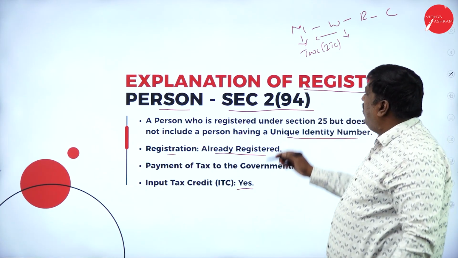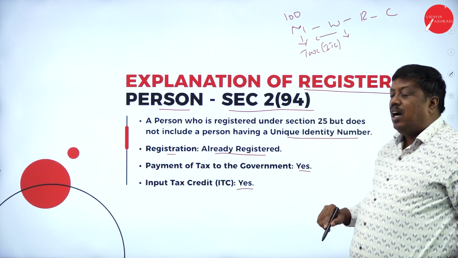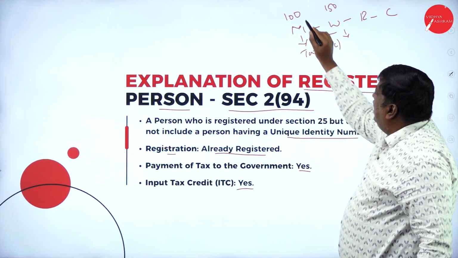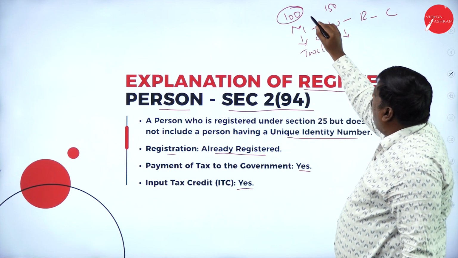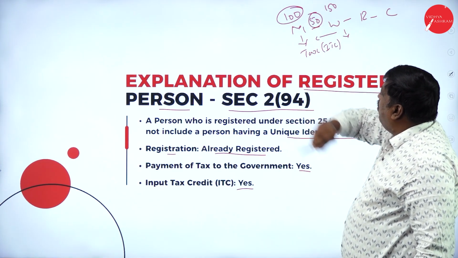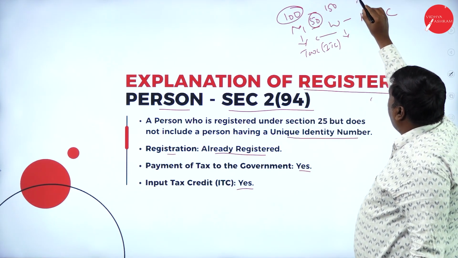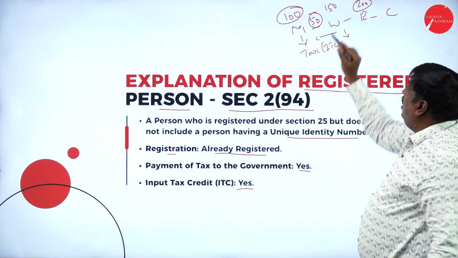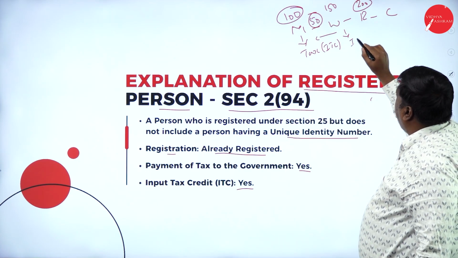For example, he already paid 100 rupees as tax to the government, and when he collects 150 from the wholesaler, he retains 100 rupees and 50 rupees will be paid to the government. Now the wholesaler has paid 150, and he is going to collect 200 rupees tax from the retailer. He is going to retain 150, meaning he is eligible for ITC.